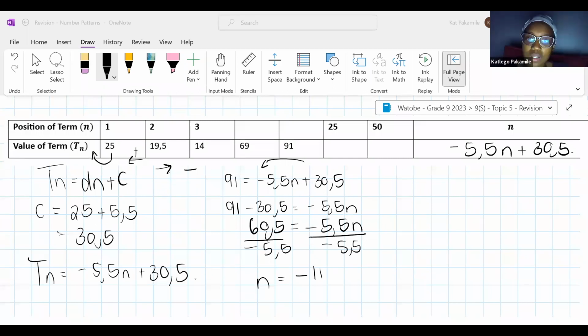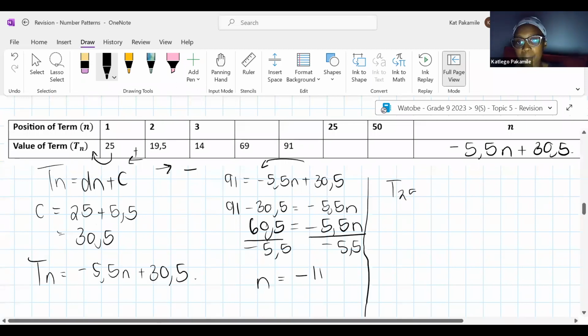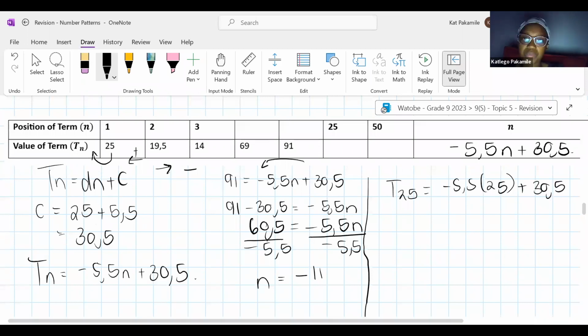Today's quiz day. Okay. So in position 25, those who worked out position 25, tell me what the value of position 25 is. It's going to be negative 5,5 times 25 plus 30,5 equals. How much do we get there?